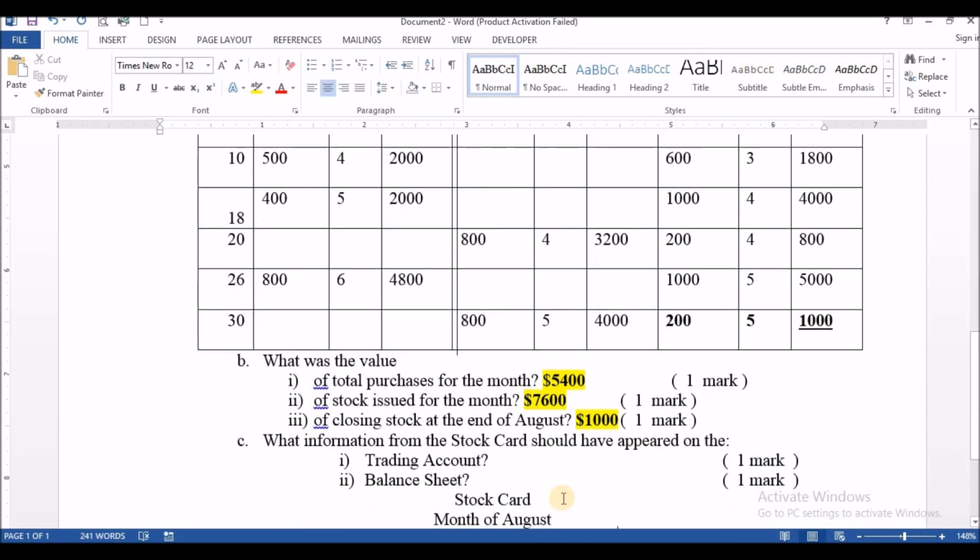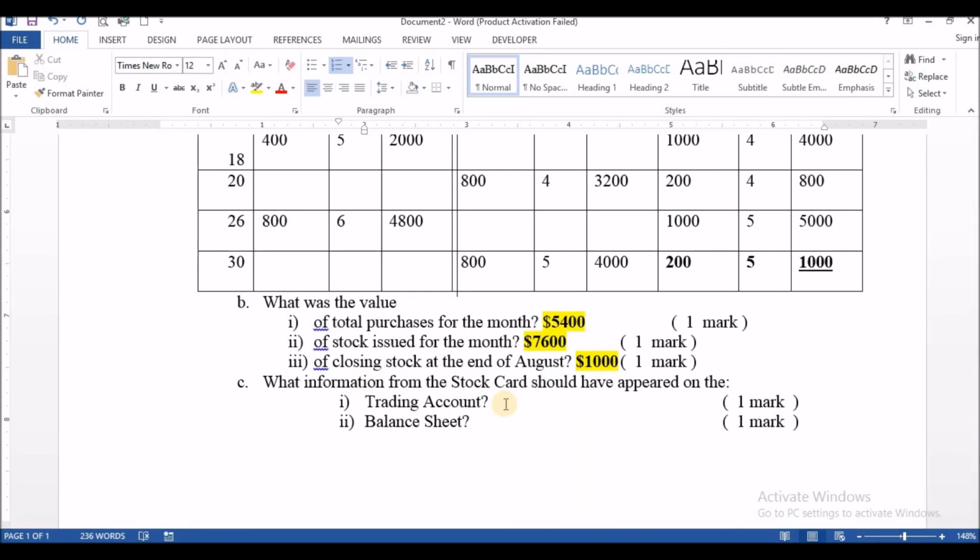So it says what information from the stock card should appear on the trading account. Sales, and it's just asking for one, so I'm just going to give you a combination. So from this you get your purchases. You can also get your closing stock, and you can also get your opening stock.